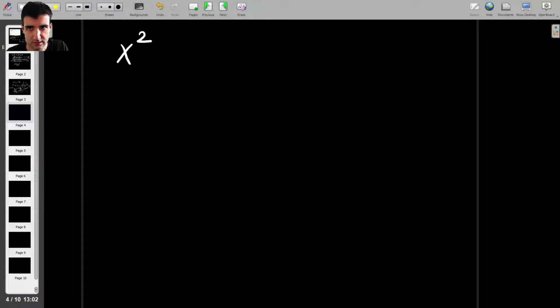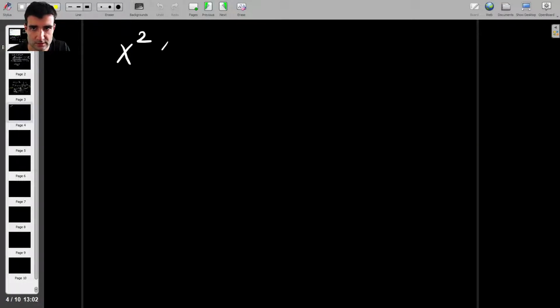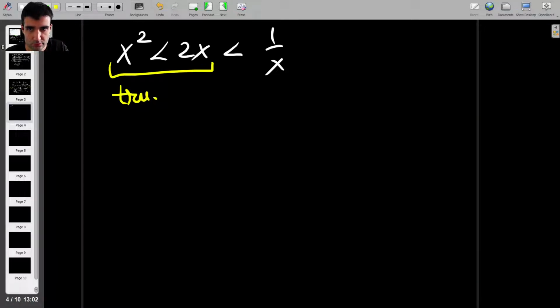So the first thing was asking whether x squared can be less than 2x and whether it can be less than 1 over x. So let's write it like that. So this part is true if x is between 0 and 2, so we showed that.